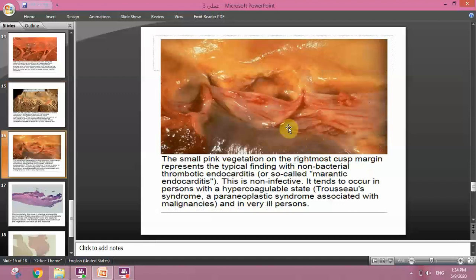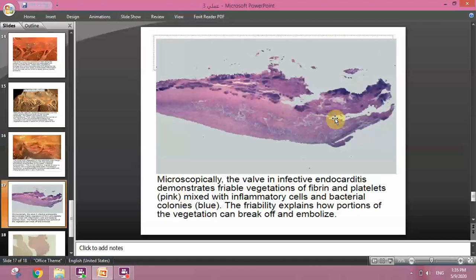This is another picture of small pink vegetation on the right cusp margin, a typical finding in non-bacterial thrombotic endocarditis, also called marantic endocarditis. See the vegetations are larger and more irregular than the vegetations of acute rheumatic fever.